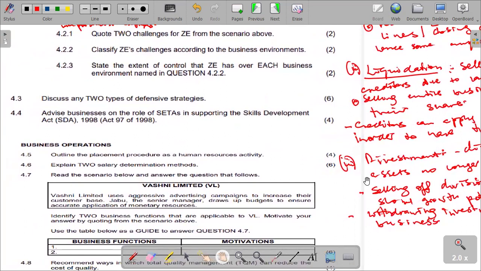Our next question is: advise businesses on the role of SETAs in supporting the Skills Development Act.